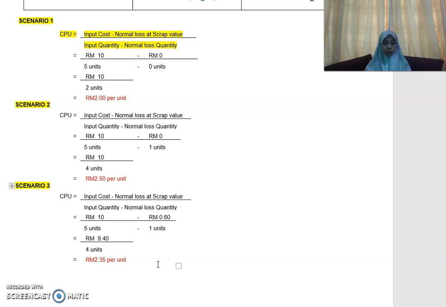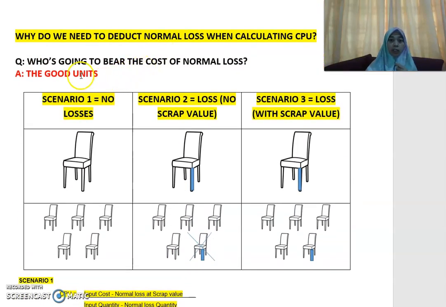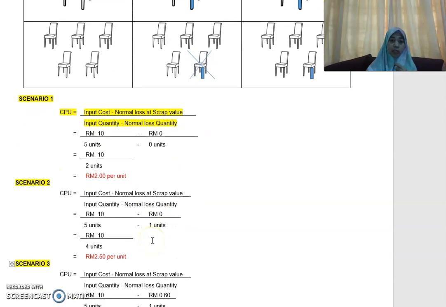Hopefully you get some understanding of this. You might ask why you have to deduct the normal loss when you calculate the CPU, and why we don't simply divide the input cost by the input quantity. The reason we adjust for the normal loss is that its cost will be borne by the good units, and the good units bear it through this formula.